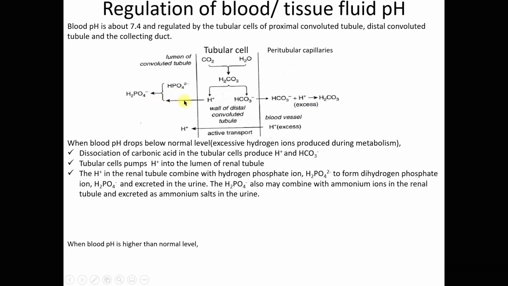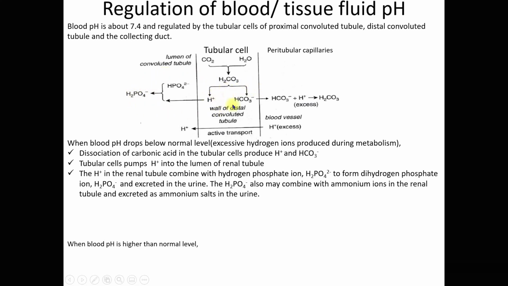The hydrogen ions then combine with hydrogen phosphate ion to form dihydrogen phosphate, and this dihydrogen phosphate will be secreted in the urine. This dihydrogen phosphate also may combine with ammonium ions in the renal tubule and be excreted as ammonium salts in the urine.